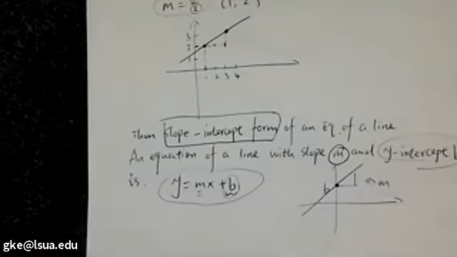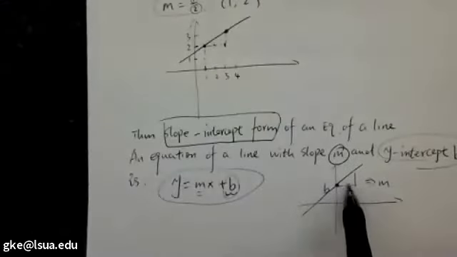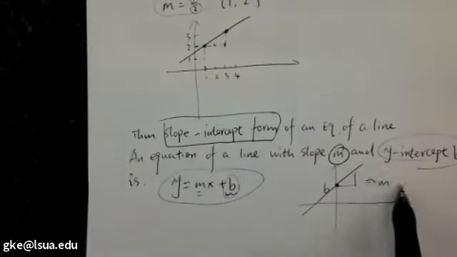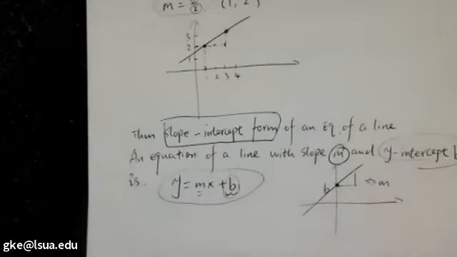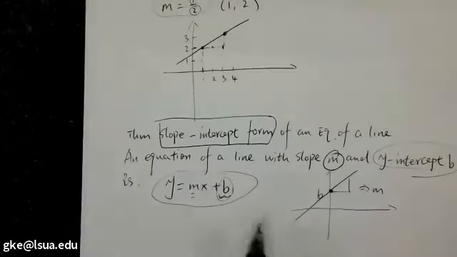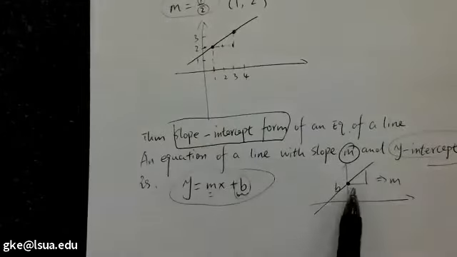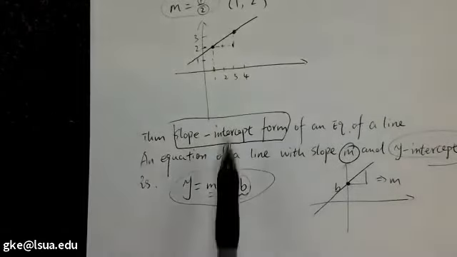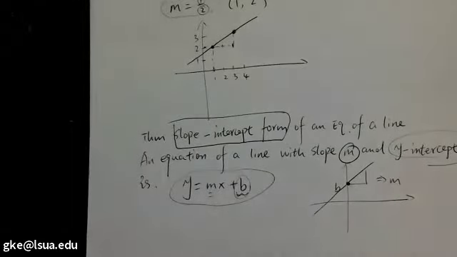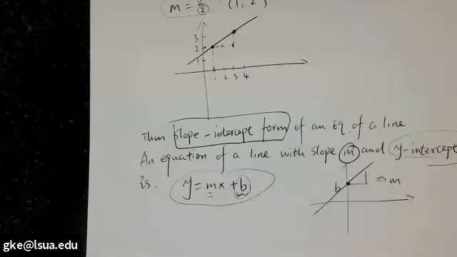If m equals 1/2, that means go forward 2 units and upward 1 unit. If it is negative, then you should go back. So that's the line equation, or the line in the coordinate system. Now I'm going to give you guys an example.